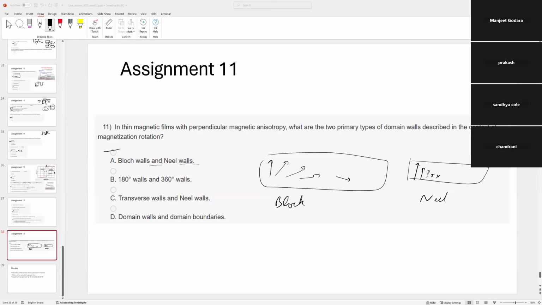You'll get the address of the exam center and the hall ticket, maybe this month or next month, October, November.